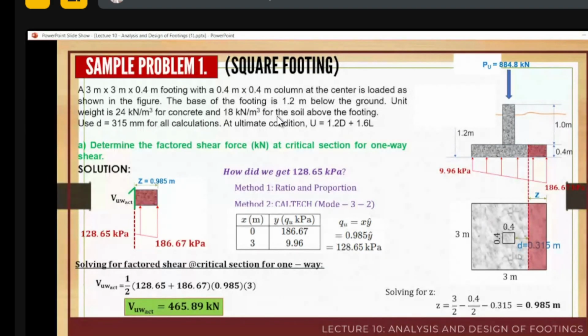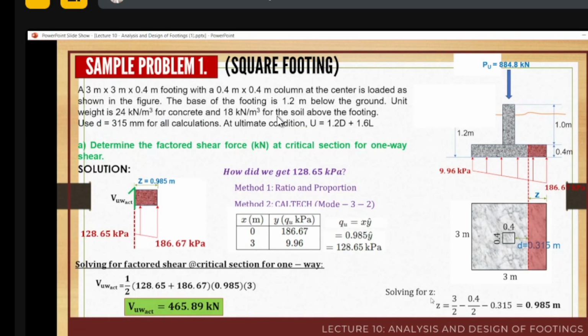So if this is 3 meters, and the column is 0.4 by 0.4, and you determine this as 0.315 meters, then you can compute for z, which is 1.5 minus 0.315, so you'll have 0.985 meters.